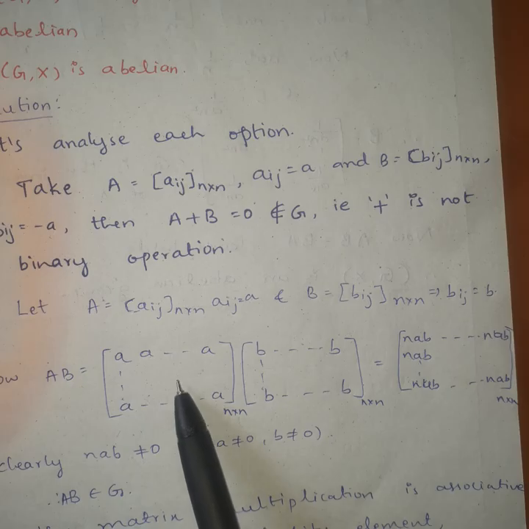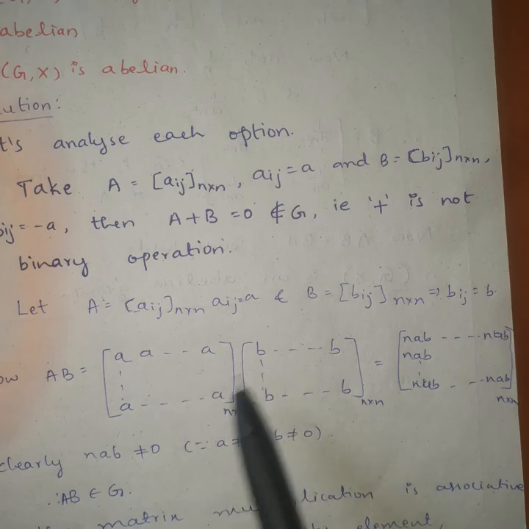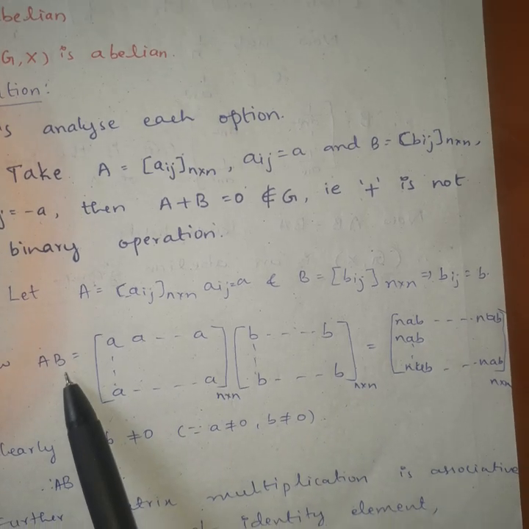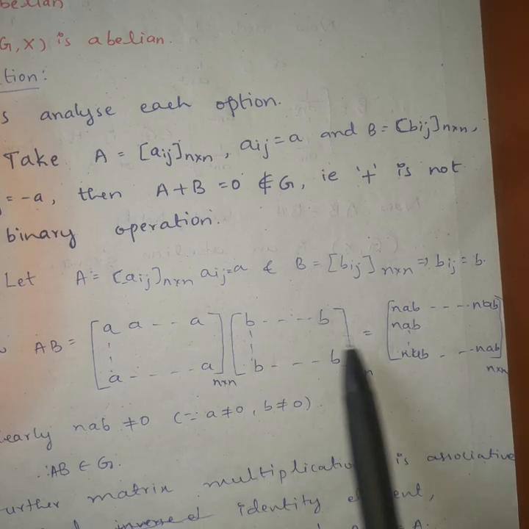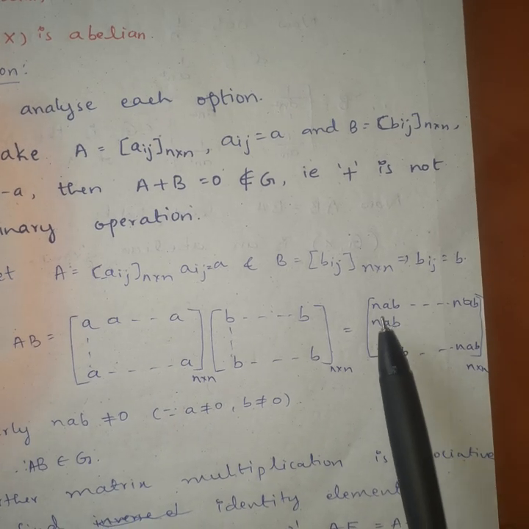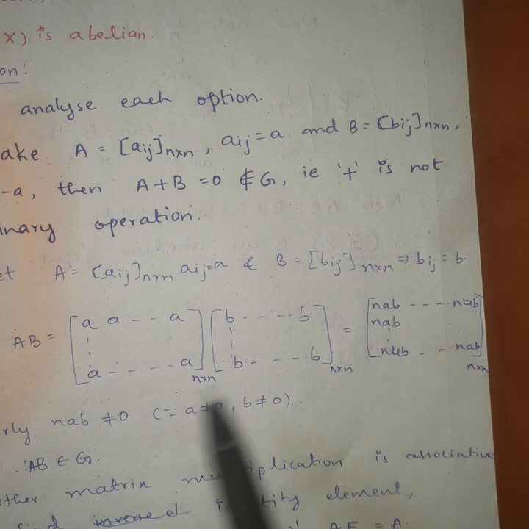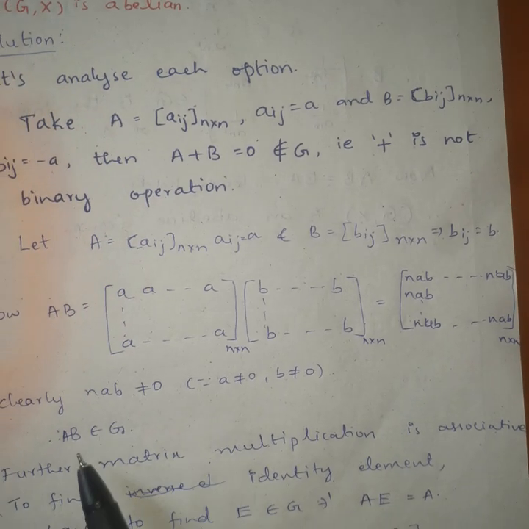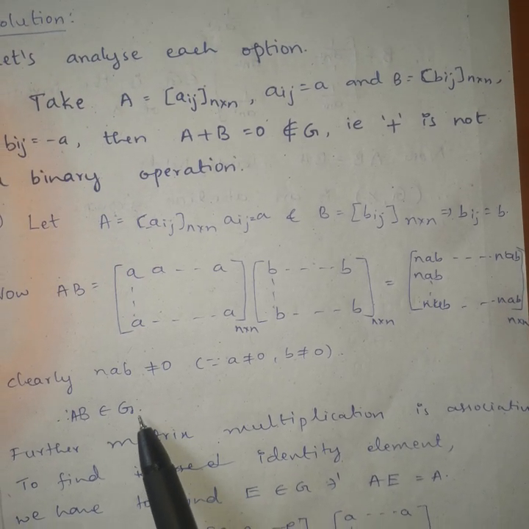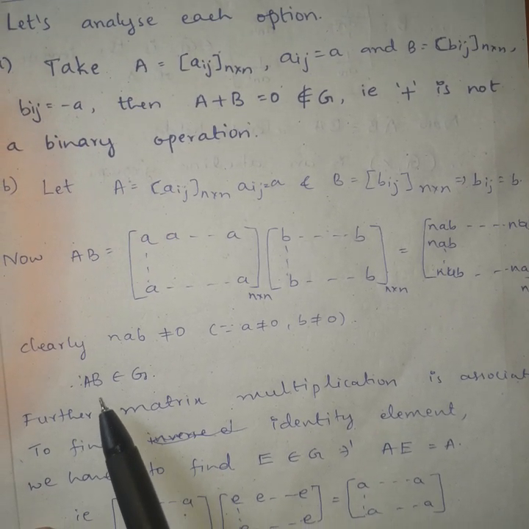Given these entries a and b are not 0. So I will define AB as A into B. So I will get the matrix AB as an n by n matrix with each entry nab, where a is not equal to 0, b is not equal to 0, n is not equal to 0. So nab is not equal to 0, hence clearly the product AB belongs to G. So closure property is satisfied.